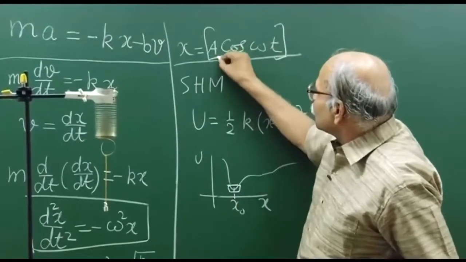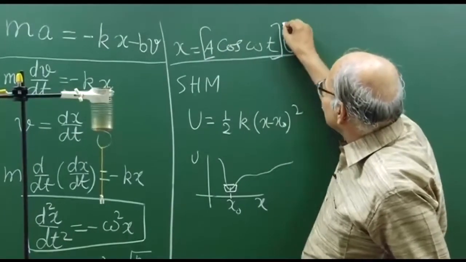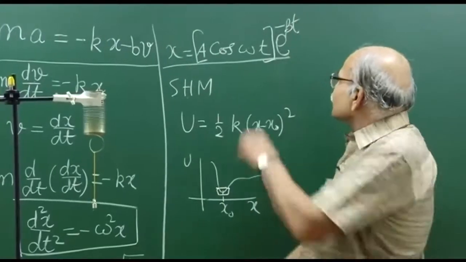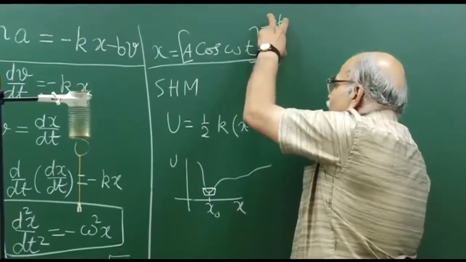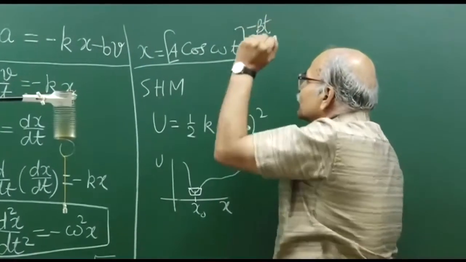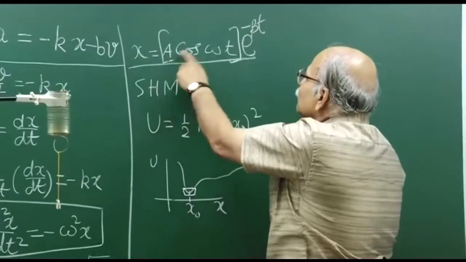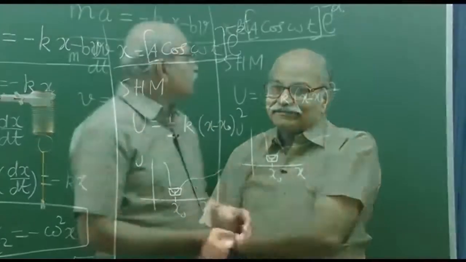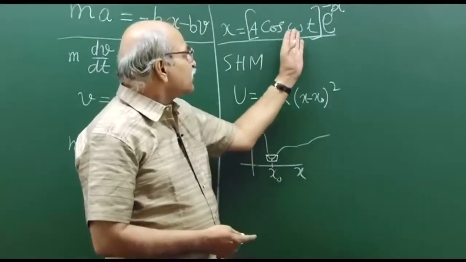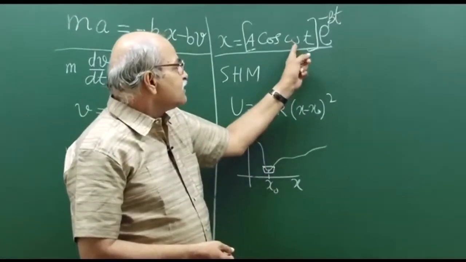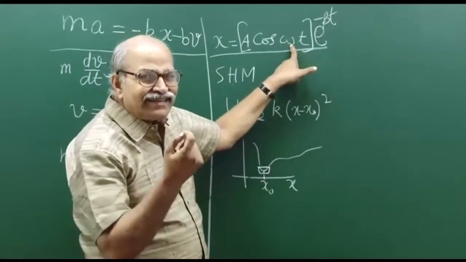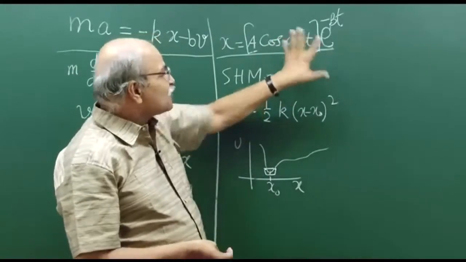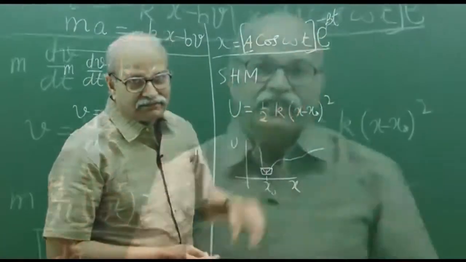Some kind of exponential, some e to the minus beta t type factor comes here, and then your amplitude will be continuously decreasing. Actually there is some approximation involved. This frequency will be slightly changed, but for small damping it is almost the same. So, we will go by that.